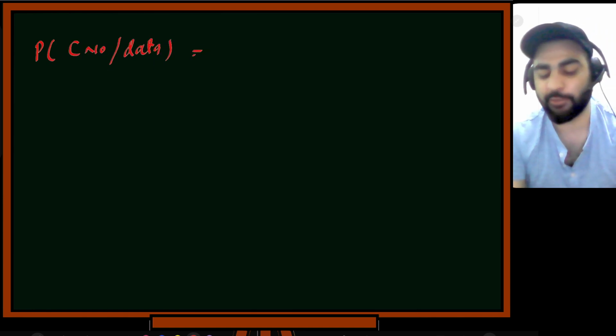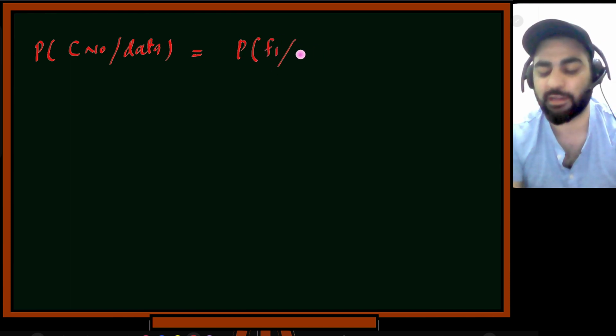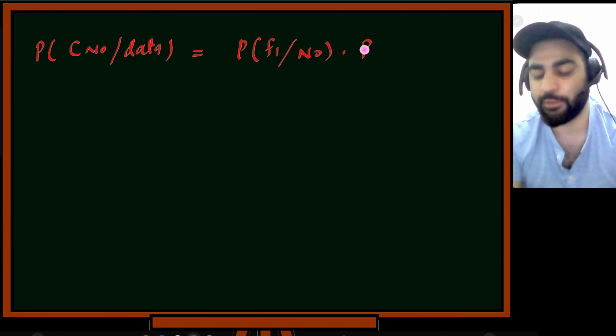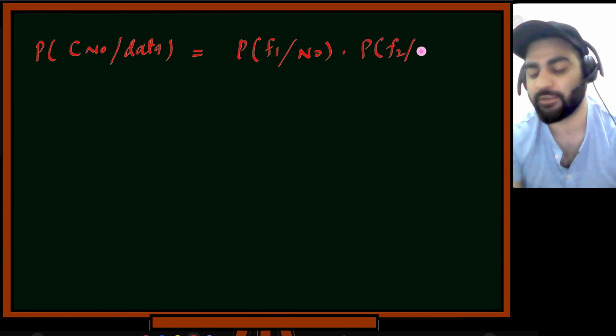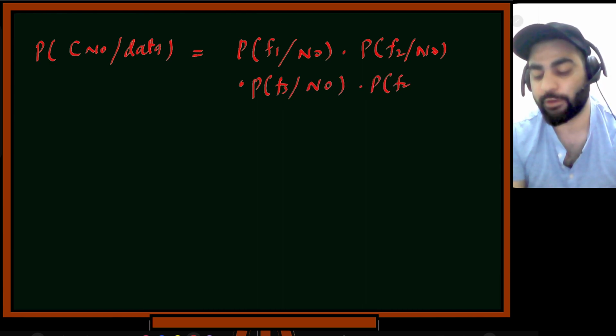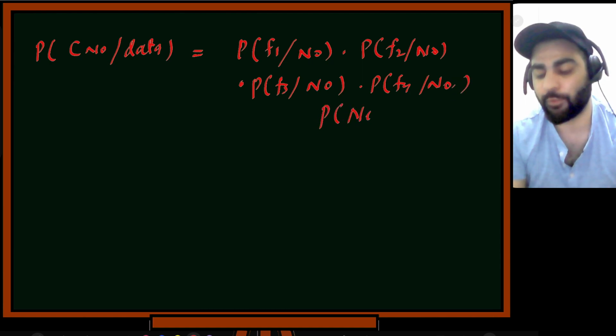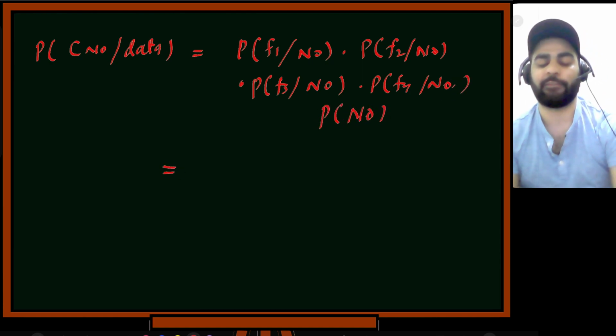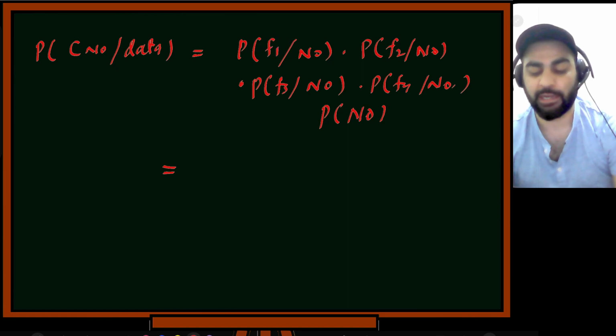Okay, now we'll also compute the probability of class no given data. That will be equal to the probability of feature 1 given class no, multiplied by the probability of feature 2 given class no, multiplied by the probability of feature 3 given class no, multiplied by the probability of feature 4 given class no, multiplied by the probability of class no. If I fill in these values, this was sunny, this was cool, this was high, this was strong.